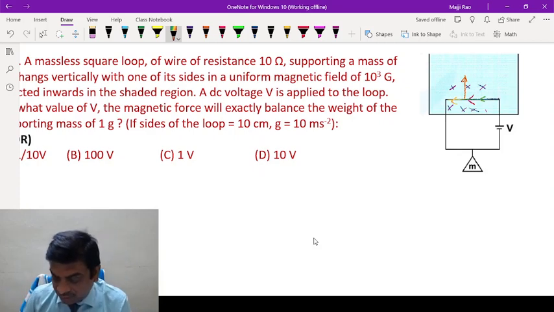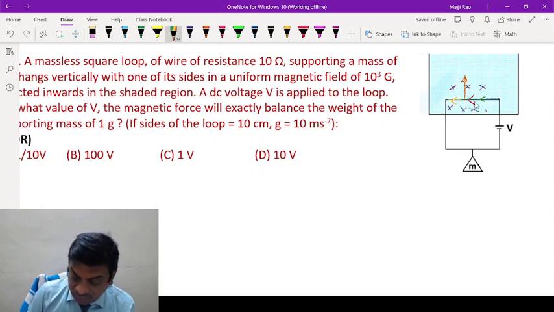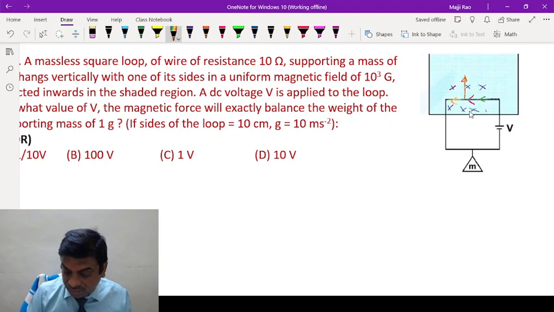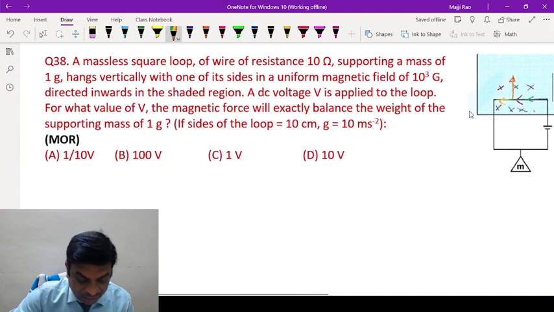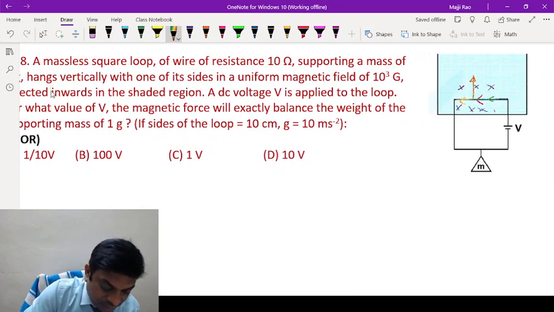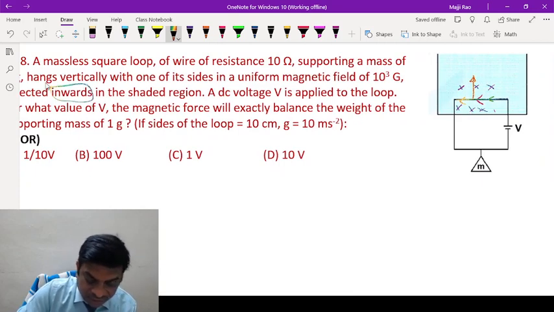The force should be upward, so it should be directed outwards. Yes, it is directed outwards, not inwards. This is wrong, students. By mistake, it has been taken.